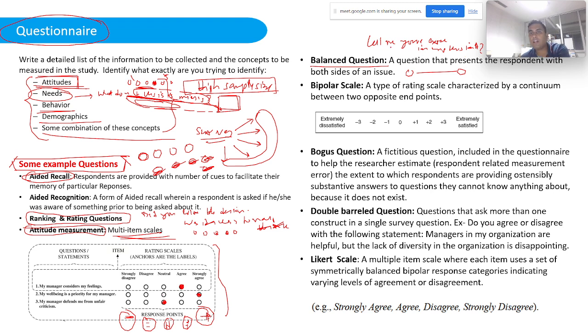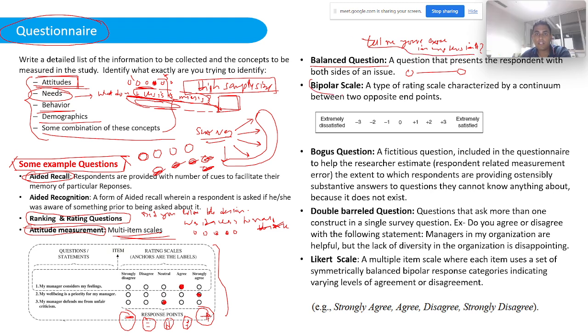Okay, that means now the user will give an answer which will be balanced in nature. So you have asked the question in such a way that it will generate information which may be either a positive experience or a negative experience. Okay, so this is a balanced question.